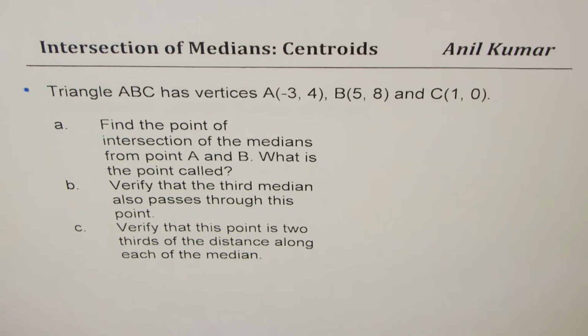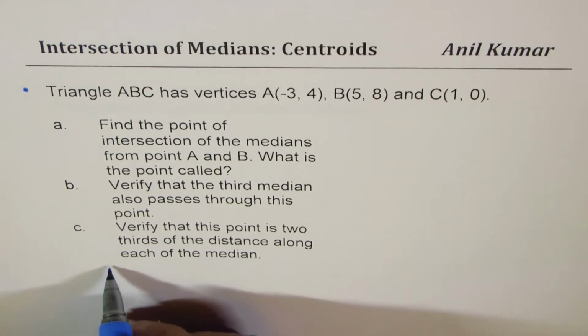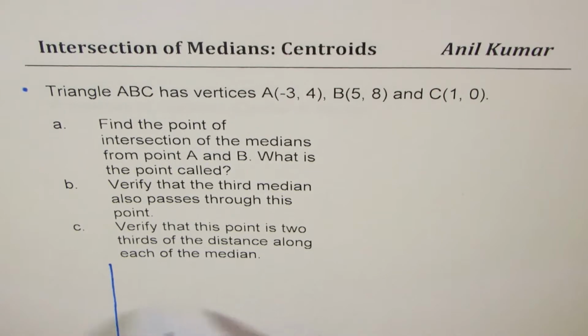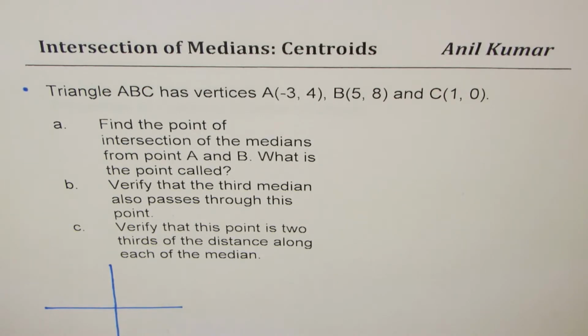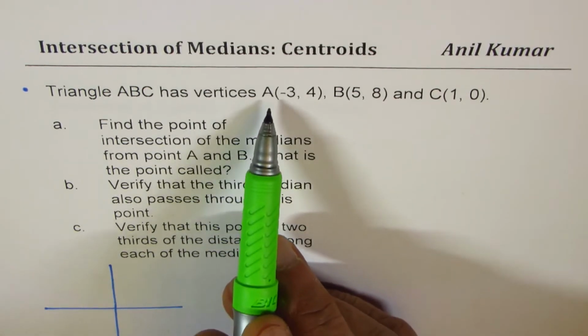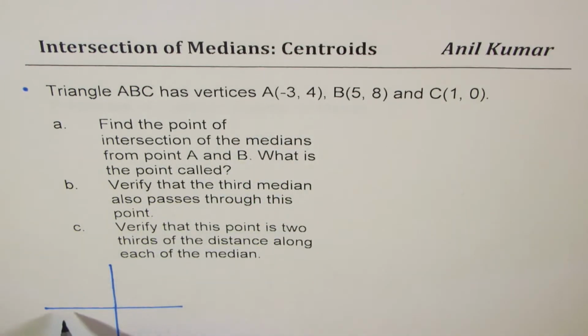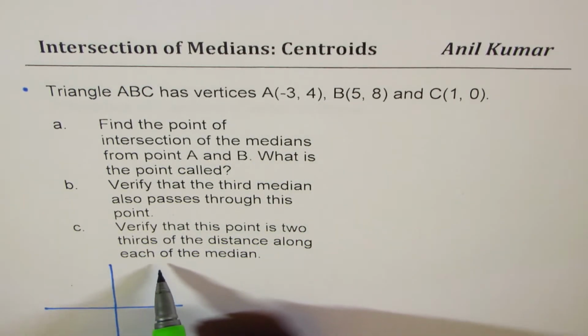Right? Now, with the help of this question, we can understand all about medians. I'll give you an overview and then we'll provide you with the solution. We are given point A as (-3, 4), so somewhere here. B is (5, 8), so it's in quadrant 1.